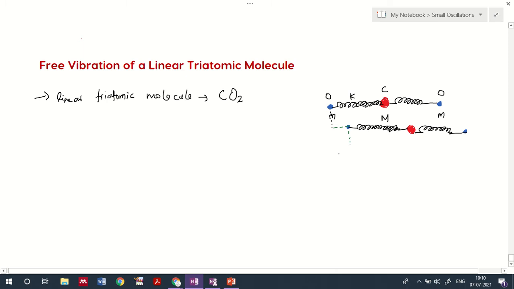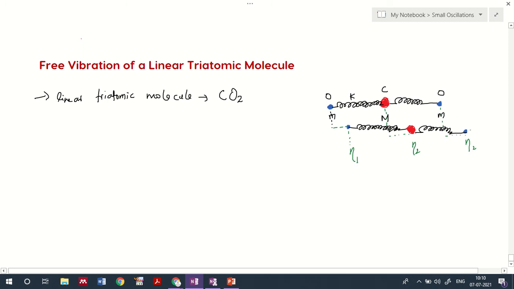This we can say is a mean displacement, which I represent as eta 1. So from this mean position there is a small change in position, which we represented as eta 1 here, and corresponding to that, the carbon also moved to some position, and this distance is displaced as eta 2.